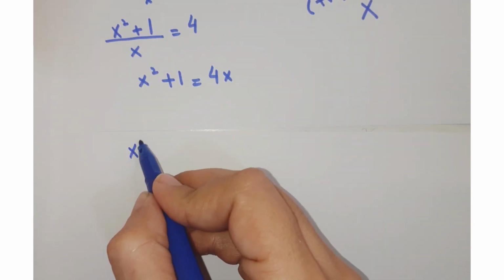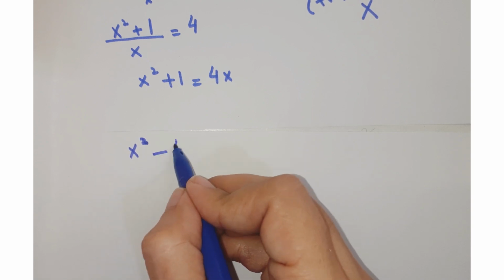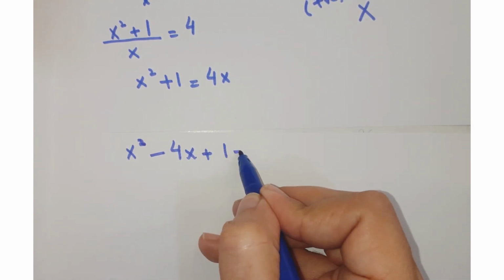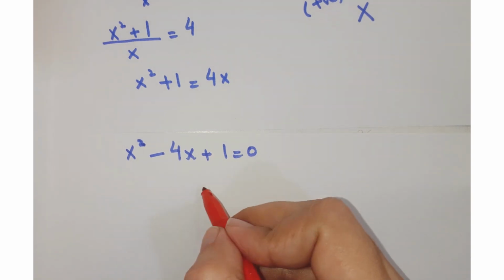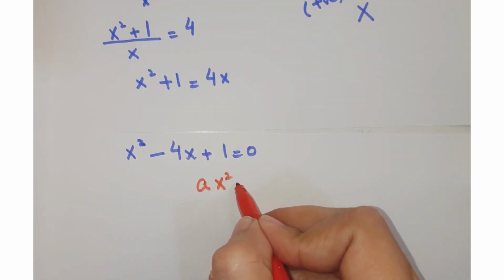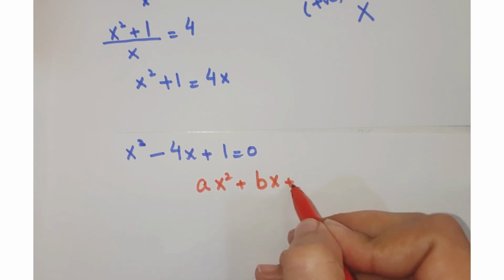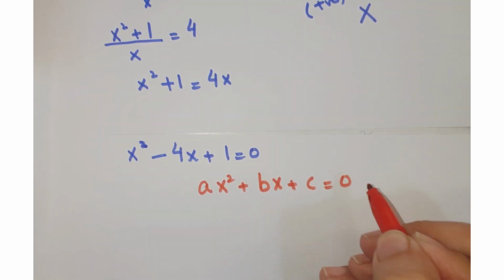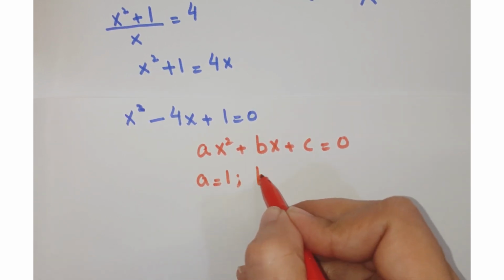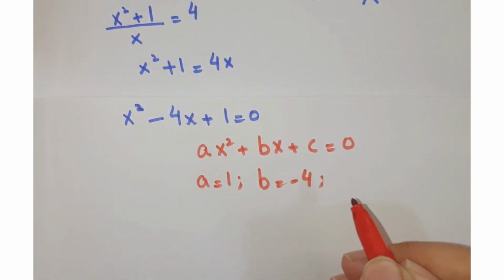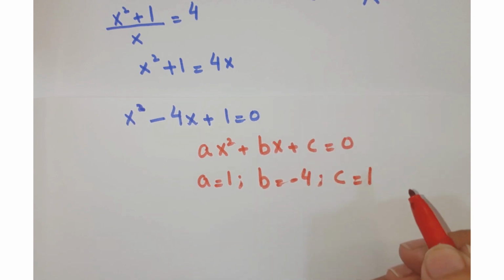So here we have x square, just bring 4x to the left hand side. Now this is a quadratic equation. Comparing this with the standard quadratic equation, ax square plus bx plus c is equal to 0, we have a is 1, b is minus 4 and c is equal to 1.